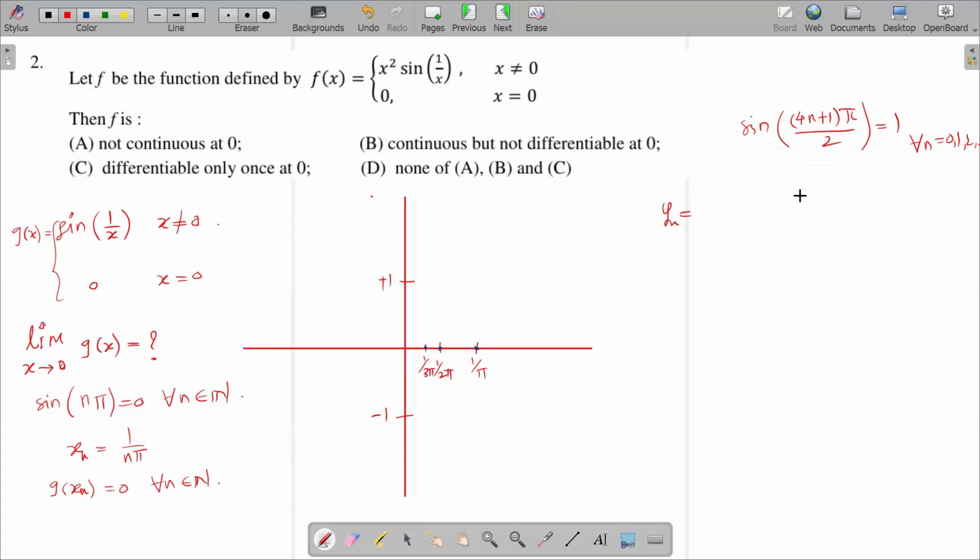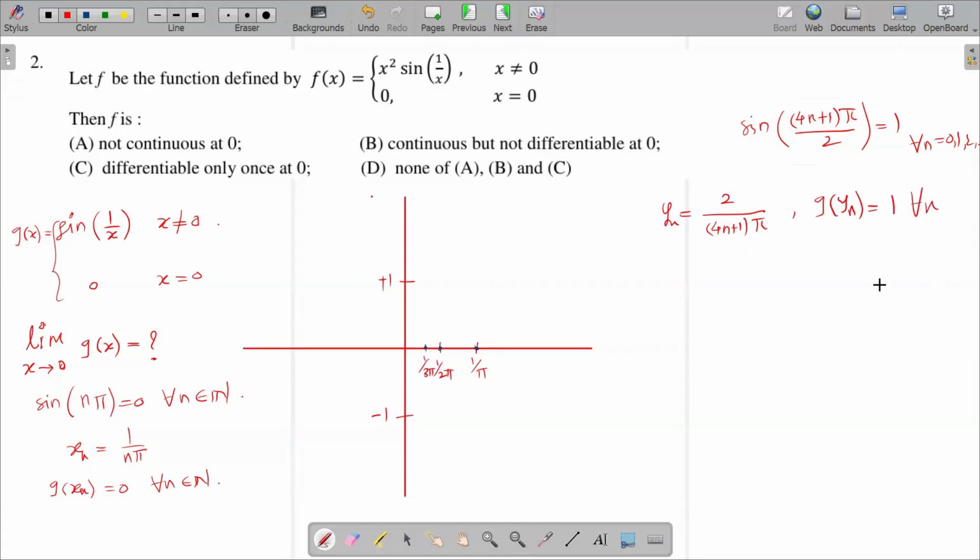Sine 3 pi by 2 is minus 1. So if I take y_n as 2 upon (4n plus 1) pi, meaning its reciprocal, then g of y_n is 1 for all n.